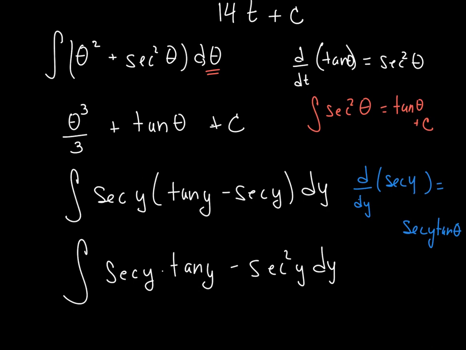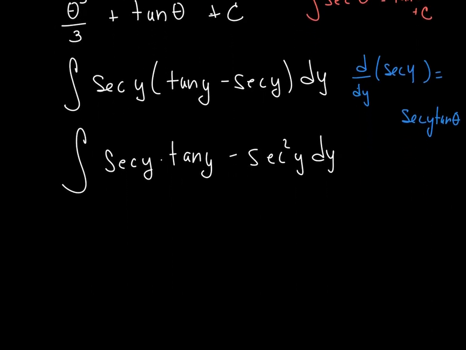So once we recall that, we can finish this out and say all of this is equal to the secant of y minus the tangent of y, and again, please remember to put that constant there.